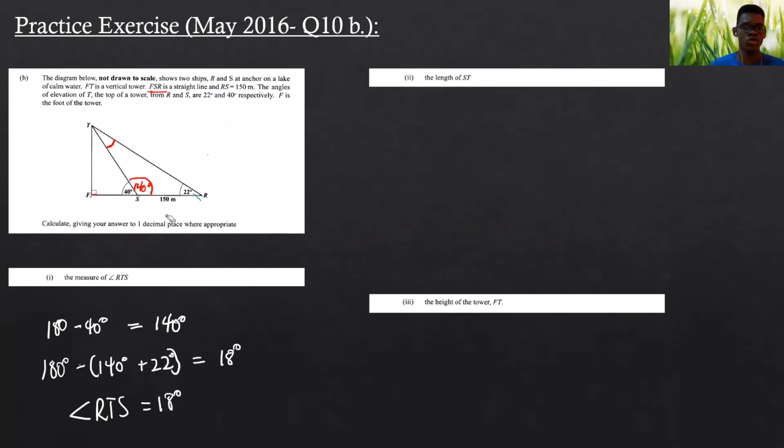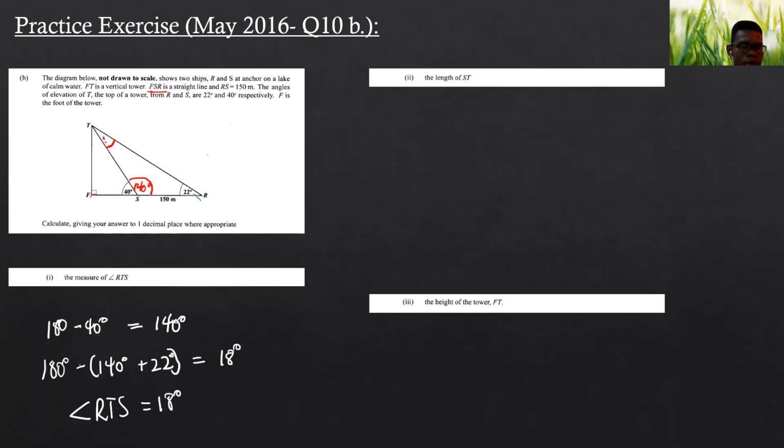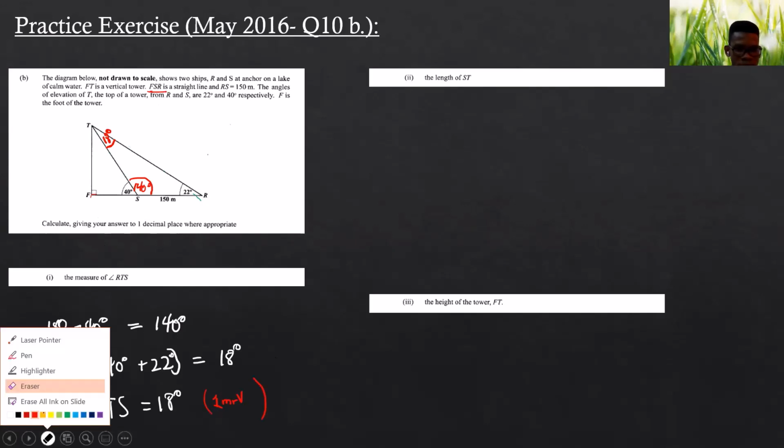One thing with triangles, just remember that interior angles rule, it comes up a lot when you're looking at triangles. So this small angle here will be 18 degrees. We've calculated that, and by the way, this is worth 1 mark.